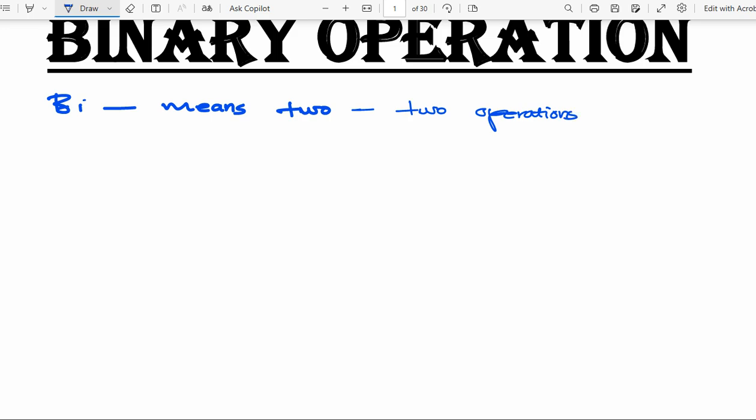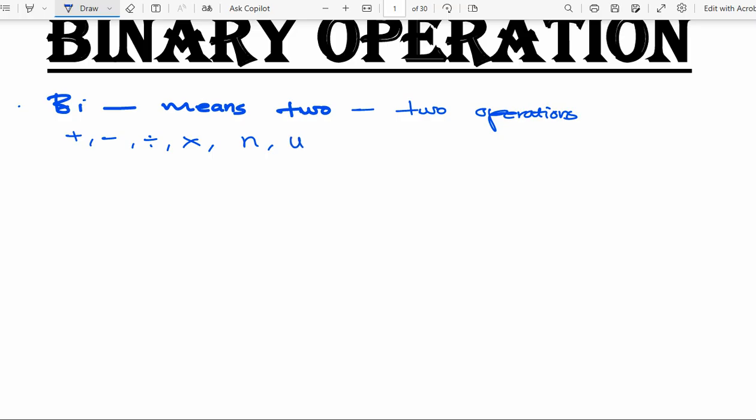We've got a number of operations, for example operations like plus, minus, division, multiplication. We also have, when it comes to sets, the intersection and the union set. So all these are operations.